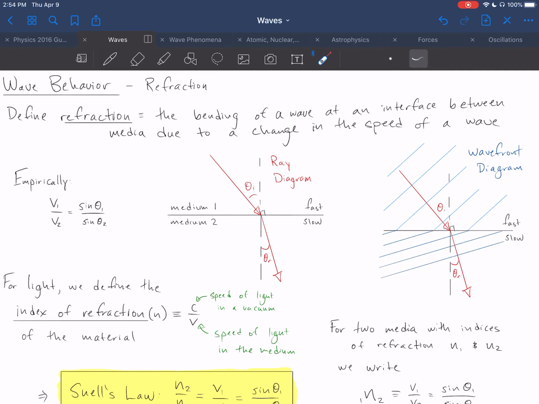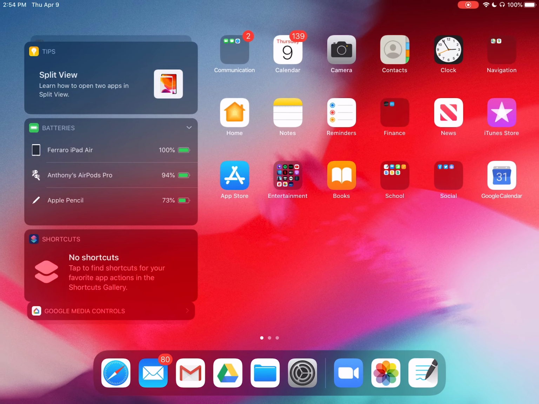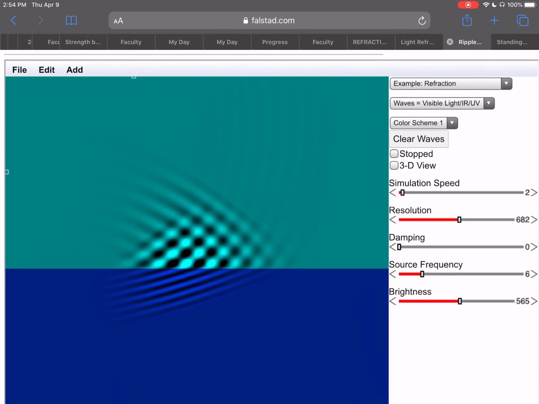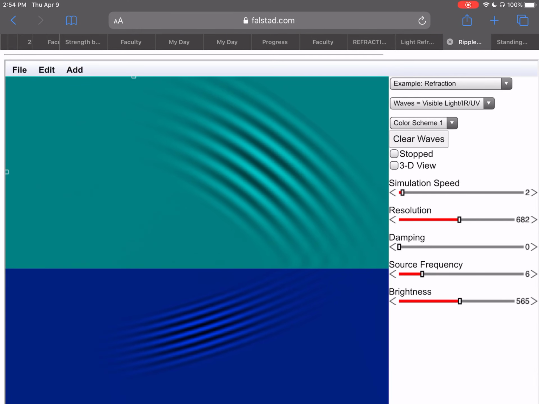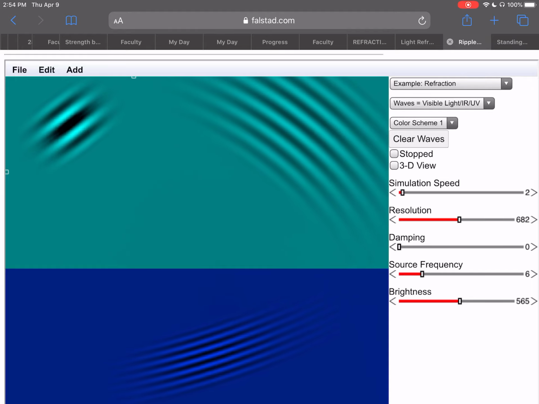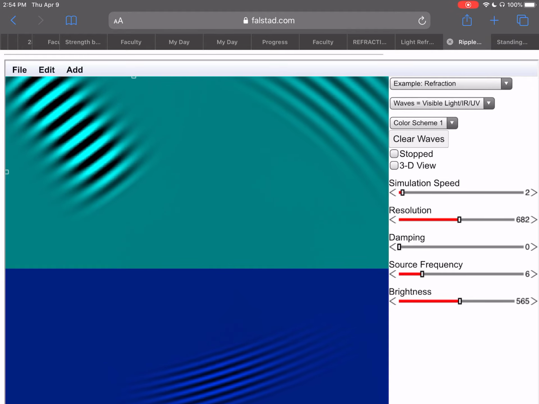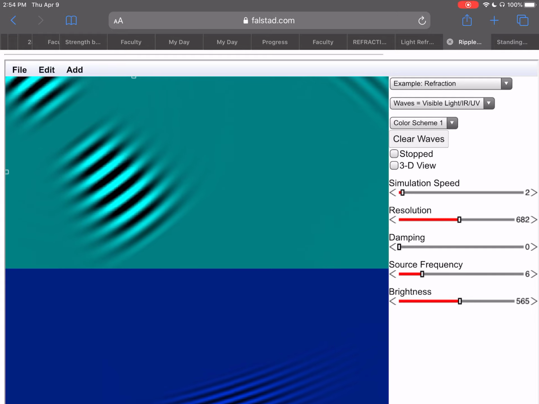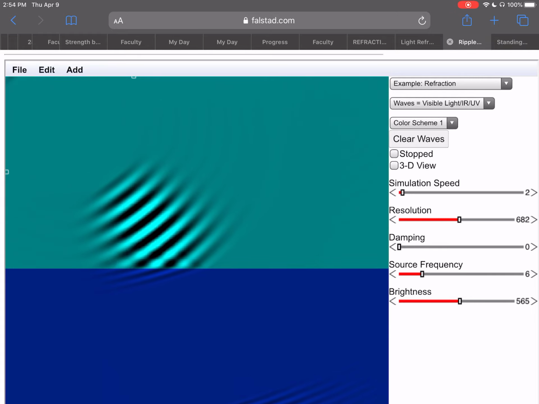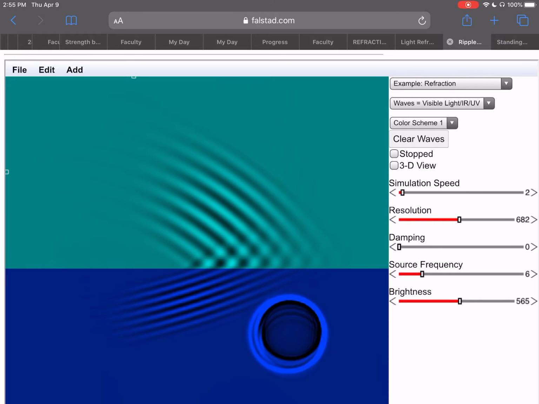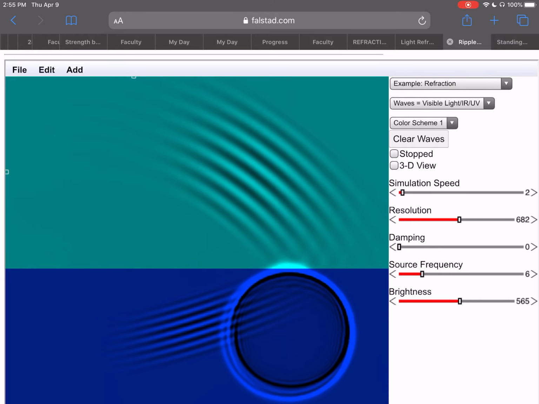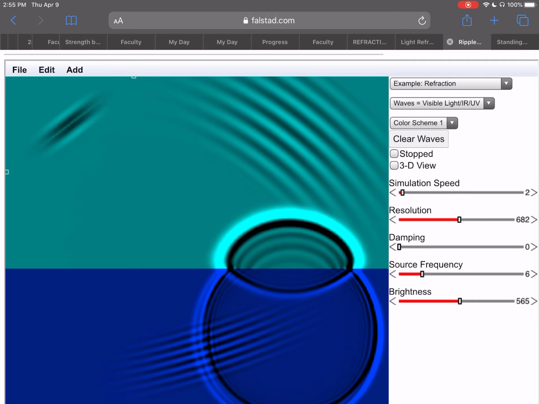So, to understand this phenomenon, we will return to this particular simulation. This simulation is showing a wave packet as it runs into the boundary between a fast-moving medium and a slow-moving medium. Now, the first thing to notice is that the waves in the fast-moving medium, sorry about that.